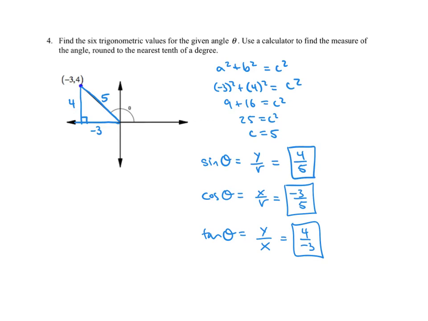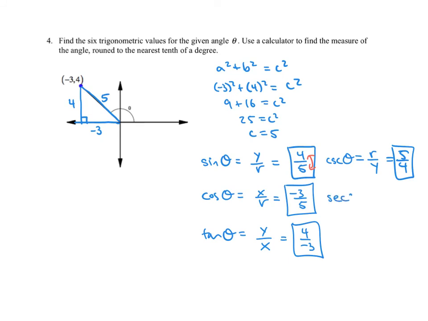And then cosecant theta is the reciprocal of sine, so I can just take my value for sine theta and flip the fraction, or I could think of it as r over y, which is 5 over 4.